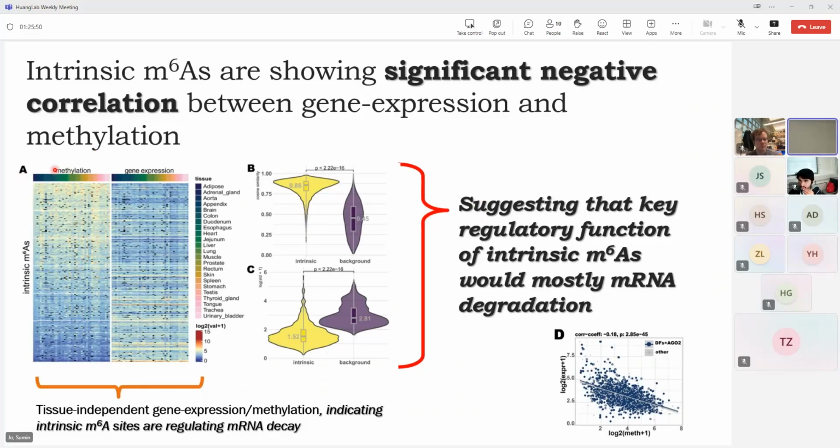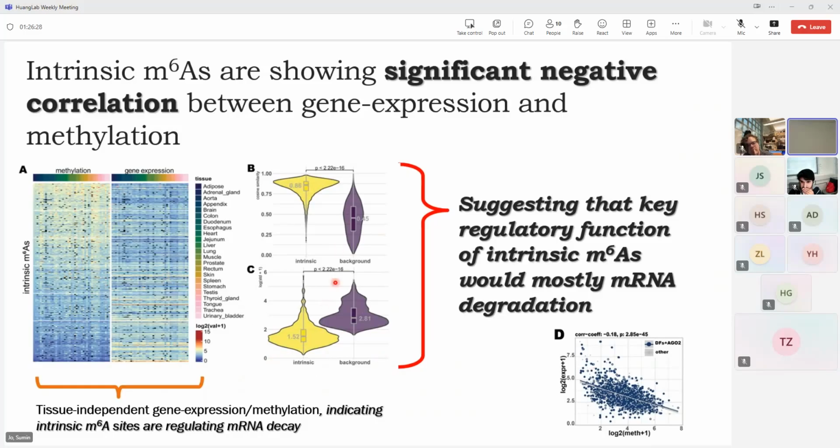Figure A is showing the methylation and the gene expression side by side. What we can see here is that methylation and gene expression are significantly negatively correlated, but also the gene expression is consistent across tissues, whether it is high or low. The same analysis was performed for gene expression: the intrinsic sites show significantly higher cosine similarity of gene expression across tissues compared to the background, and also a significantly low standard deviation of gene expression across tissue types compared to the background.